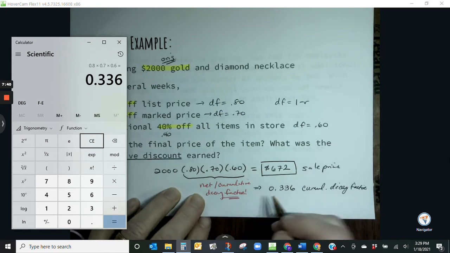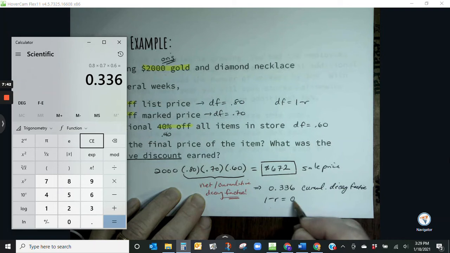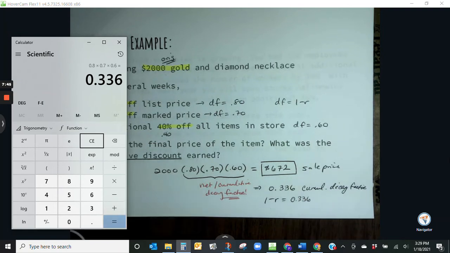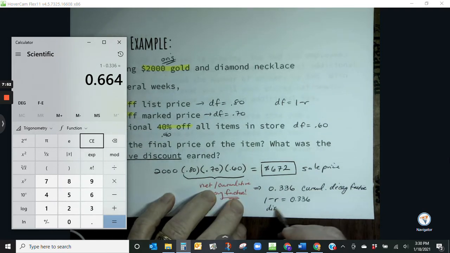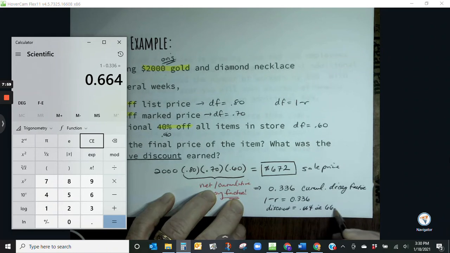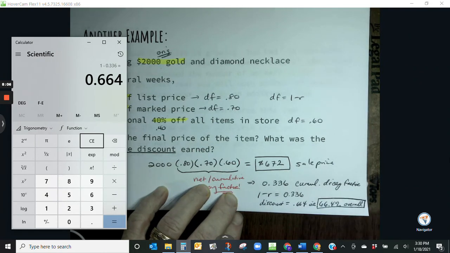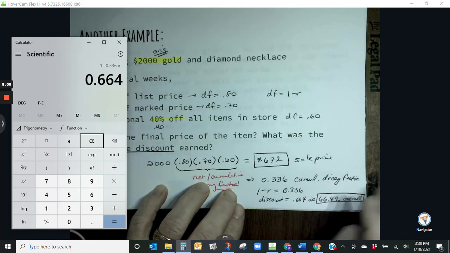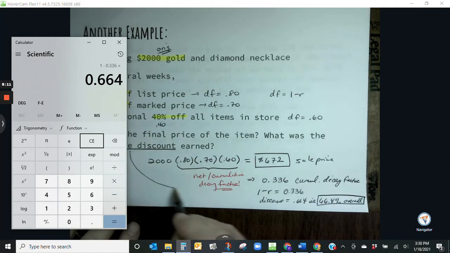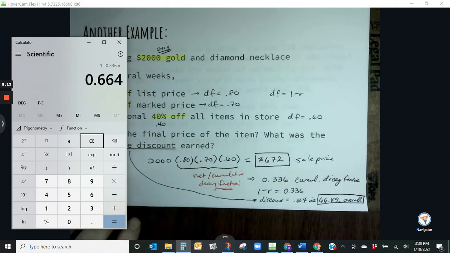Well, 1 minus r is that number. So 1 minus 0.336, my discount is 0.664, or actually 66.4% overall. That's my cumulative discount.